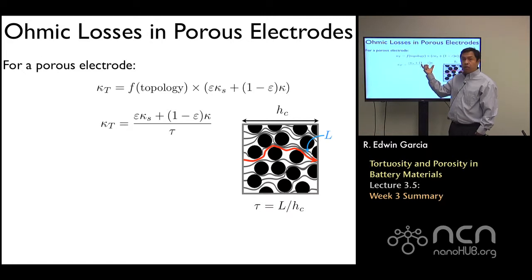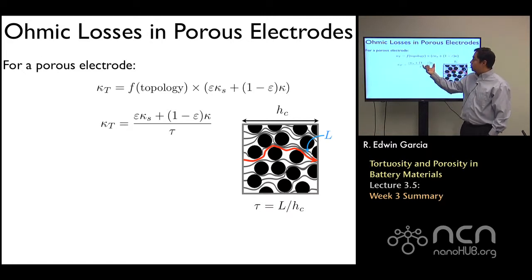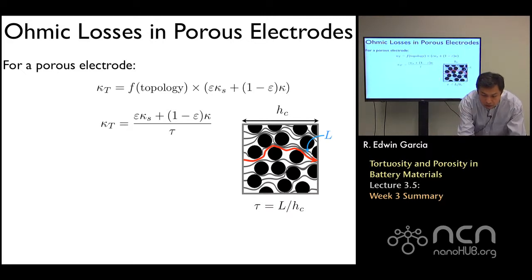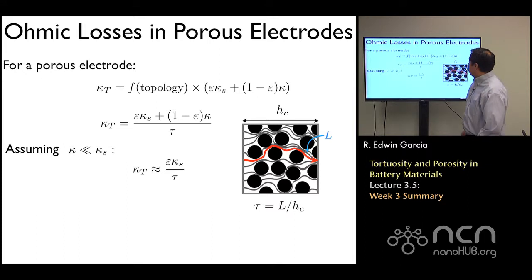really the contribution to conductivity from the active materials is much lower as compared to the contribution to conductivity from the electrolyte. And if you see that contribution, you can neglect that one, and then you can reduce your total conductivity as really depending exclusively on the porosity associated to the system and the tortuosity, that is the way in which these particles are distributed in the system.